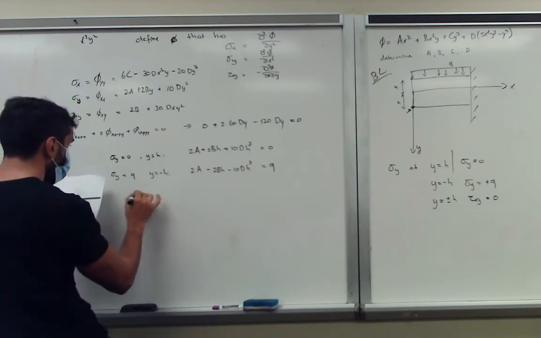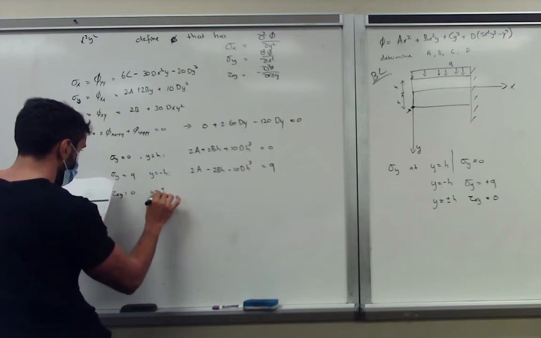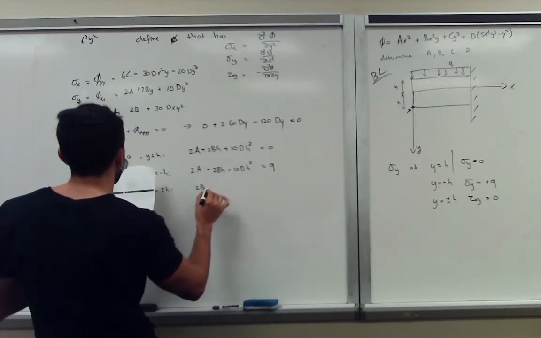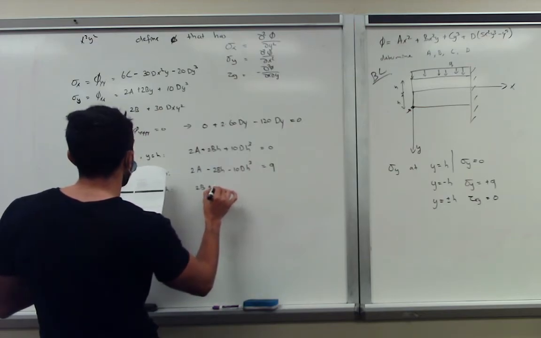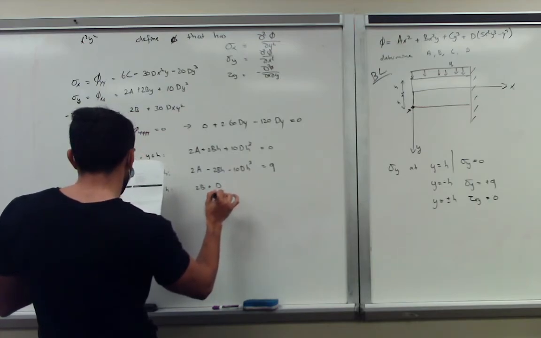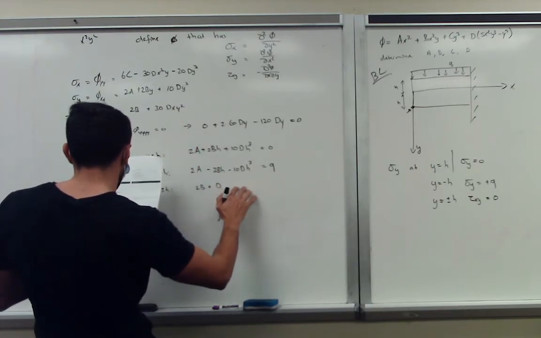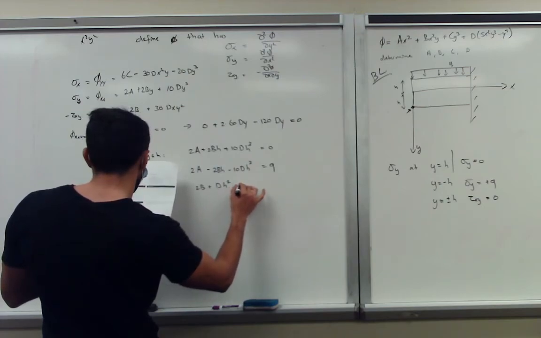So what we get is 2b plus 30 d h squared is equal to 0.